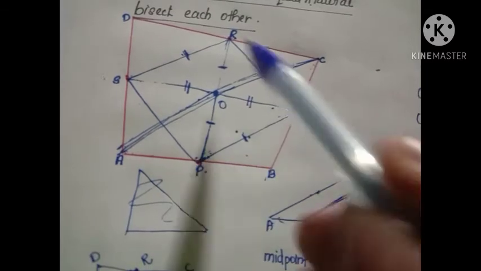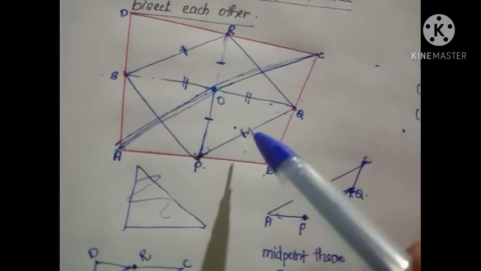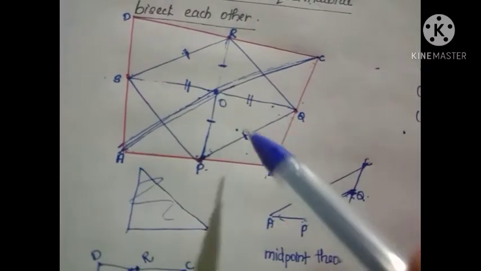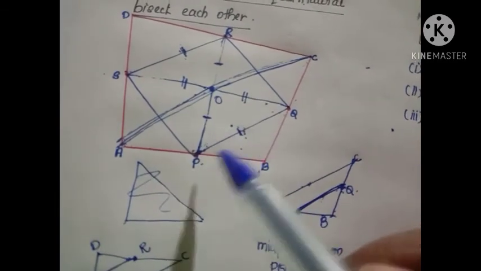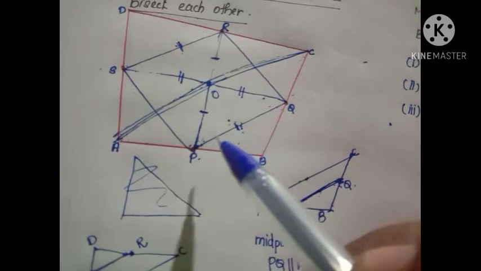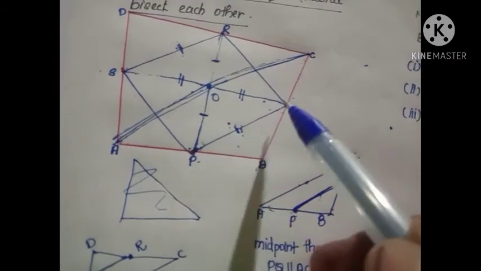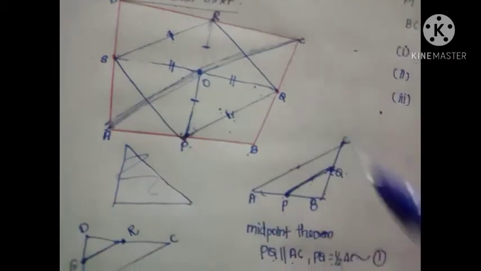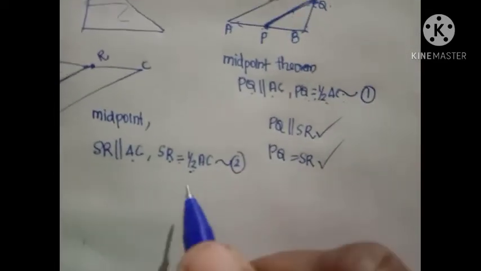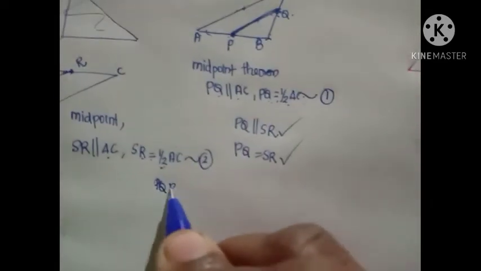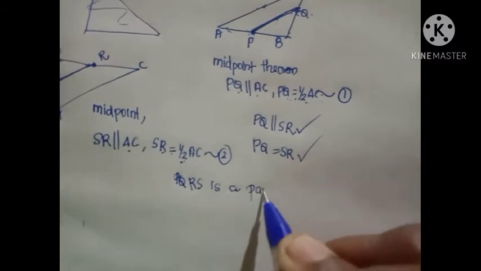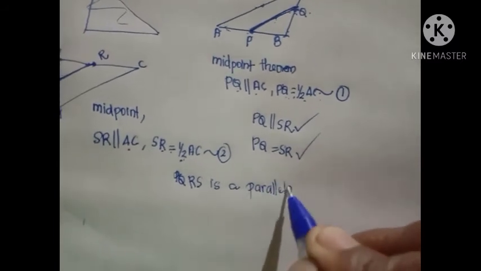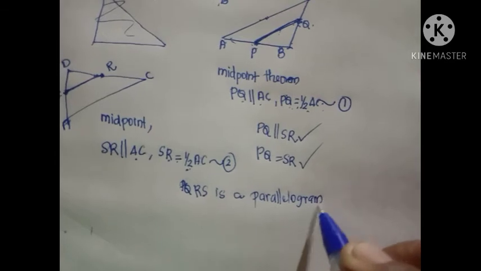So in any quadrilateral, if one pair of opposite sides are equal and parallel, then we can say that PQRS is a parallelogram. So we proved PQRS is a parallelogram.